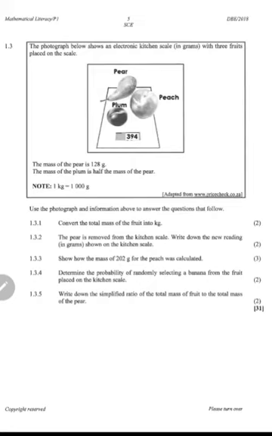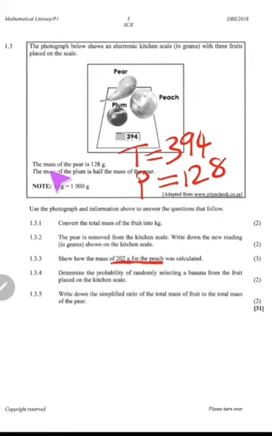Question 1.3.3, they ask us to show how the mass of 202 gram for the peach was calculated. So they first give us the answer, then they ask us to prove how we got to the answer. Now we must work from what we know. We know the total of 394. The mass of the pear is 128. They also tell us the mass of the plum is half the mass of the pear.